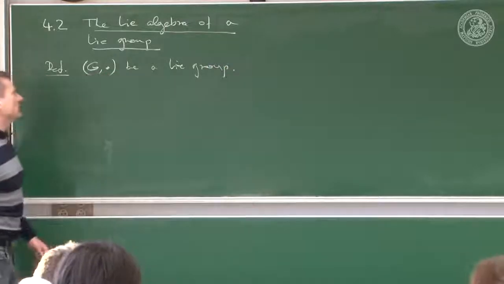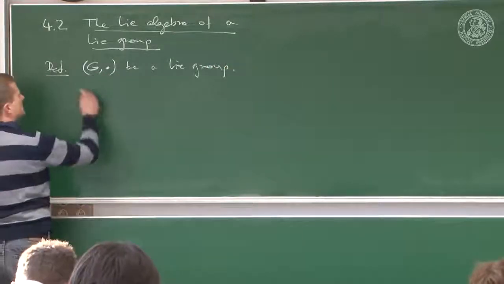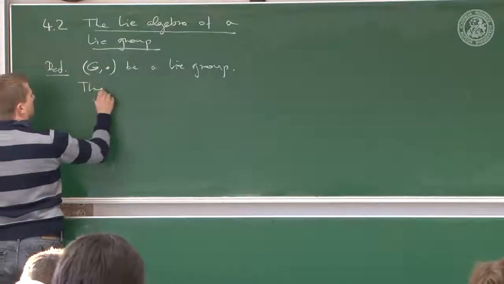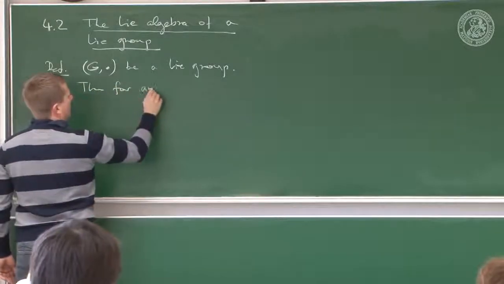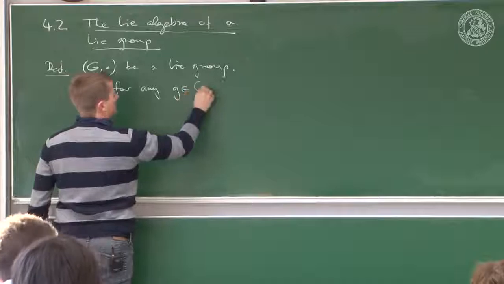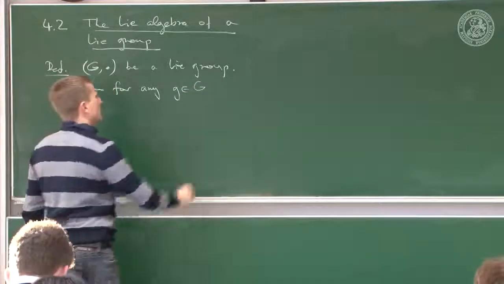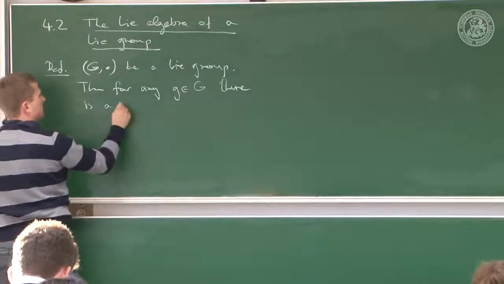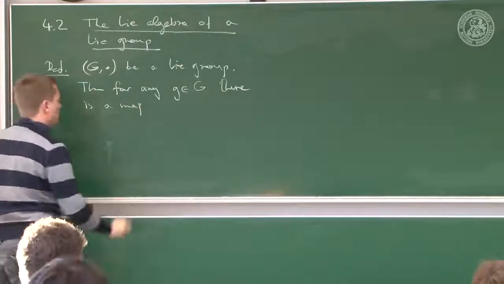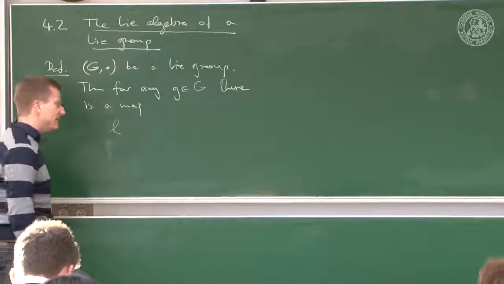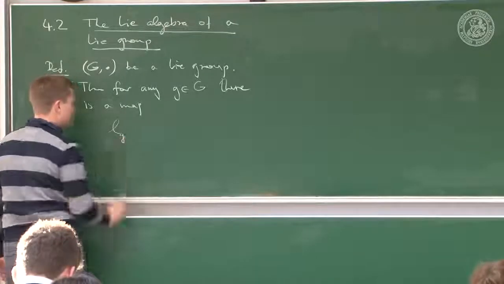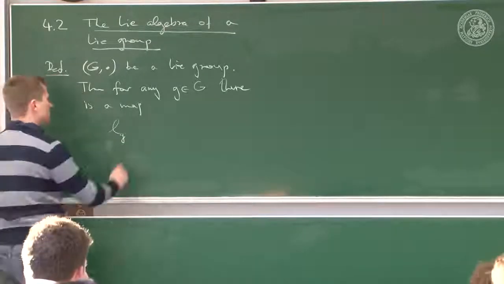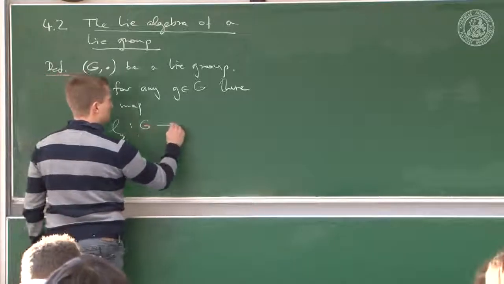Now, something very simple is the so-called left translation. Then for any g in G, for any group element, there exists a map. Let's call it L, like left, and sub g, because it depends on the g. And it does something extremely simple.